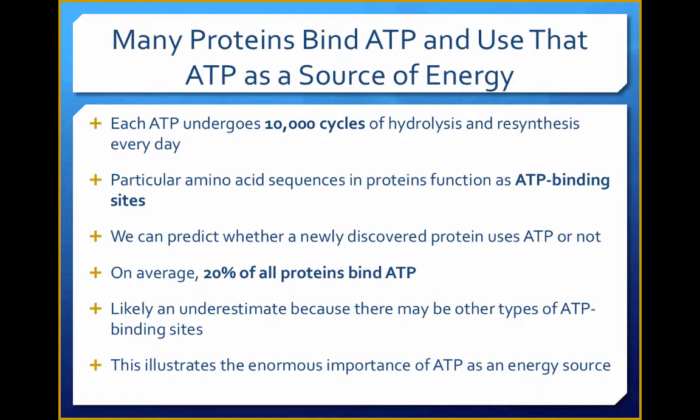We can predict whether a newly discovered protein uses ATP or not. And that will tell us essentially if these proteins work through an endergonic process or exergonic process. About 20% of all proteins actually bind ATP on average, and that is likely an underestimate because there may be other types of ATP binding sites that we don't look at.